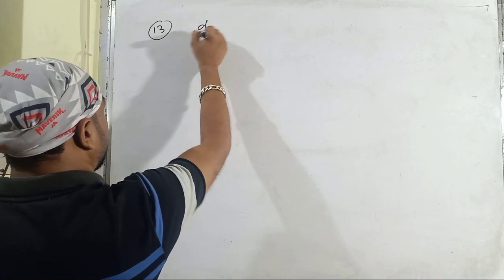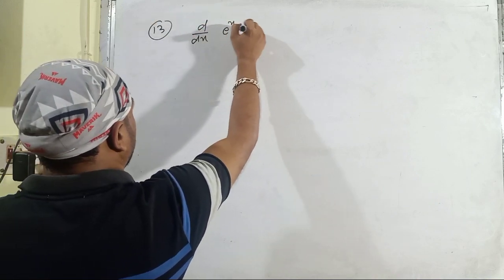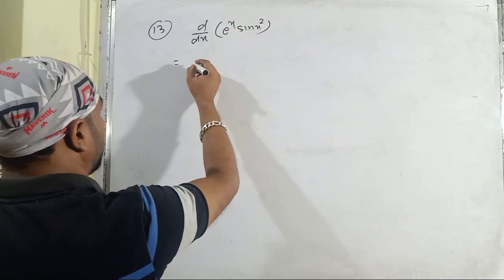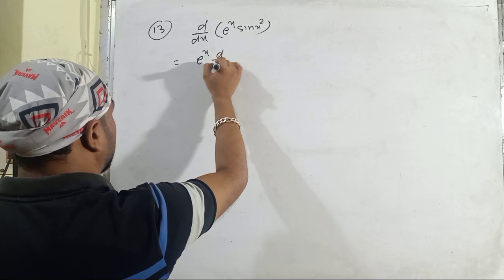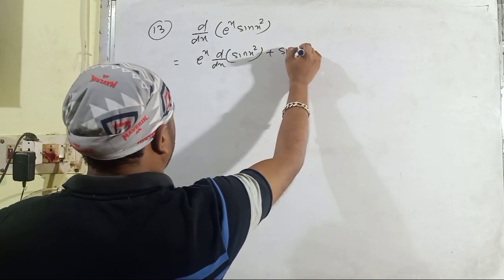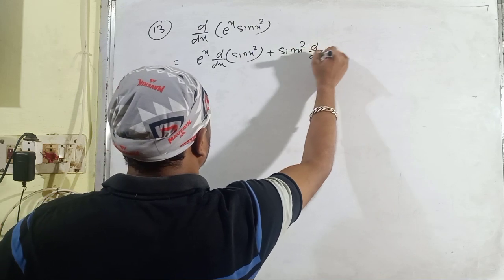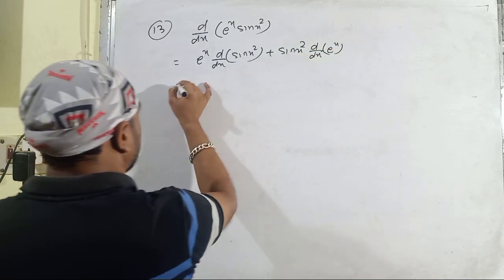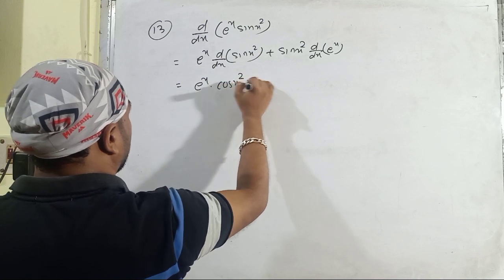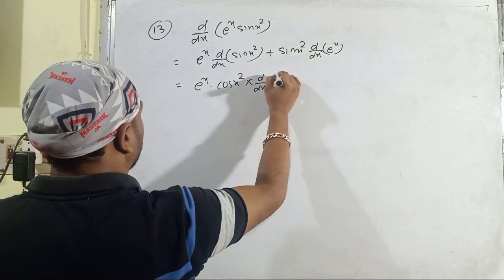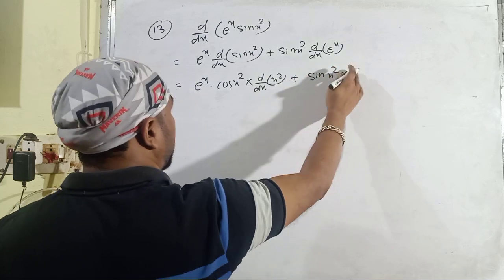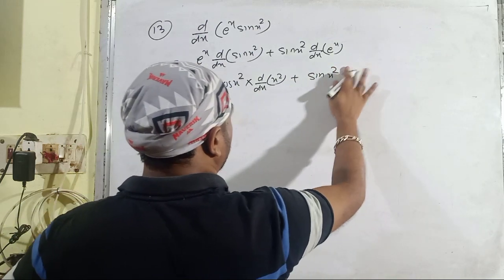Then problem number 13, differentiation of e to the power x sin x square, and here the product rule will be applied. E to the power x multiplied with differentiation of sin x square, plus sin x square multiplied with differentiation of e to the power x. That is, e to the power x multiplied with cos x square multiplied with differentiation of x square, plus sin x square multiplied with differentiation of e to the power x.